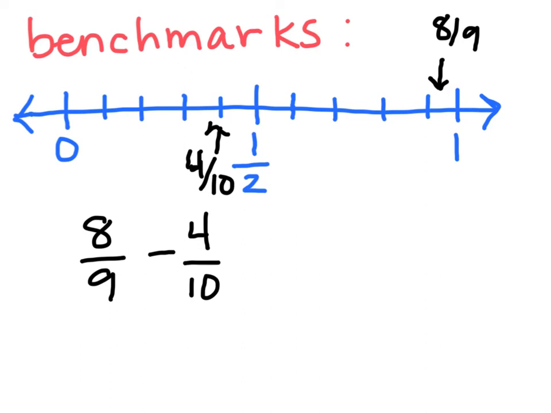So my benchmarks for these two will be 1 minus 1/2. I'm going to round or benchmark 8/9 to 1. And I'm going to round our benchmark 4/10 to 1/2. 1 minus 1/2 gives us an answer of 1/2. So the difference between 8/9 and 4/10 is about 1/2.